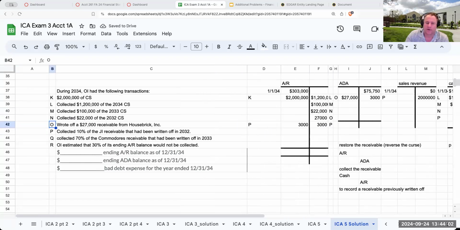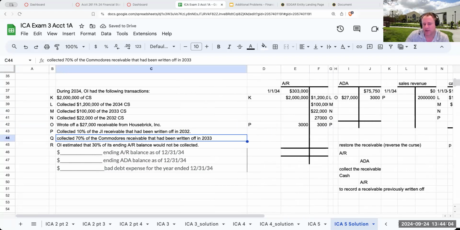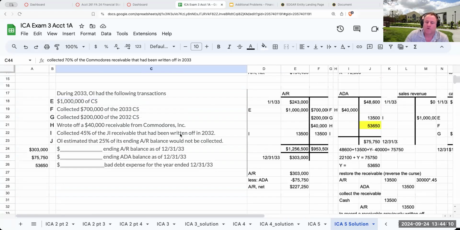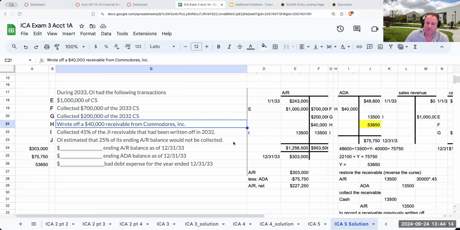Now coming over here, I collected 70% of the receivable that I had written off previously in 2033. Well, how much did I write off in 2033? I wrote off 40,000.